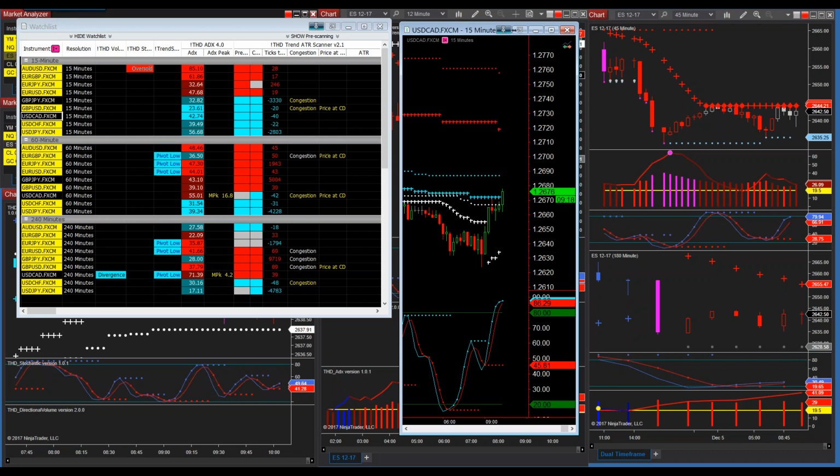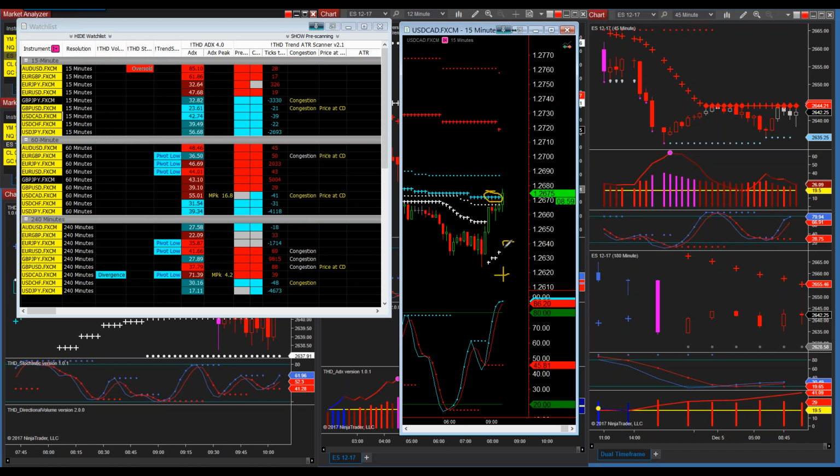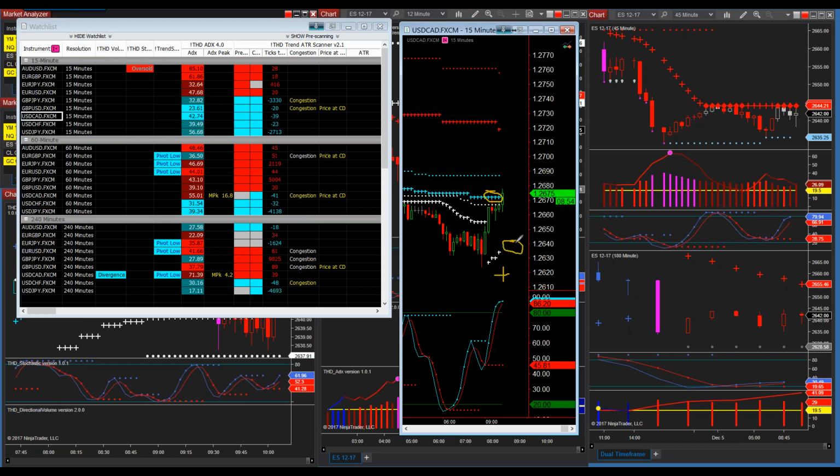What I would like to see on that particular one would be for this ATR to actually flip. And this is the blue ATR. I want it to flip and come down here. Then I want price to come back and test this white ATR, which will probably be about here.